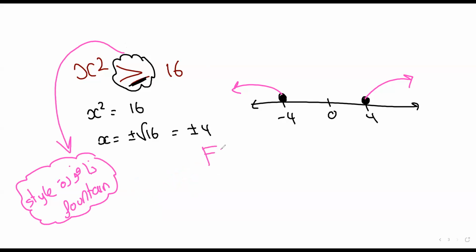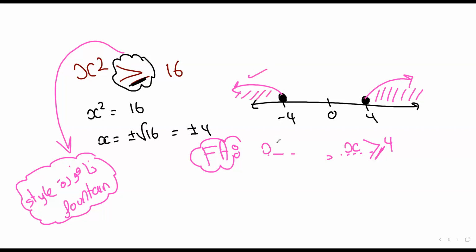So where is the final answer? The final answer will be two separate inequalities. The numbers that are greater than 4, x bigger than the bigger. Of course we put an equal sign because there's an equal sign in the question. And the numbers that are less than -4, smaller than the smaller.